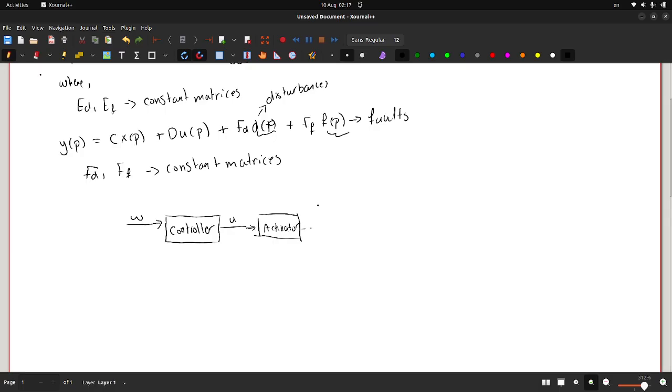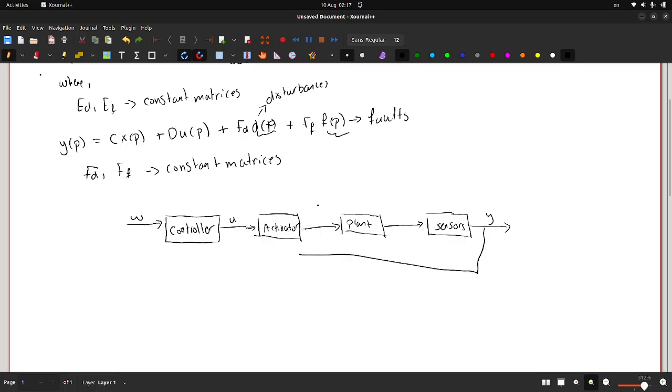This actuator feeds the plant. We can measure the states from the plant using sensors, and here are the outputs. And of course we feed back our outputs to our controller.